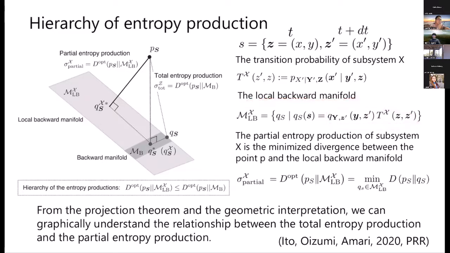In this case, we use the same transition probability of subsystem X, but we can freely alter the distribution over y and z prime. Again, the partial entropy production of subsystem X is the minimized divergence between P and the local backward manifold.